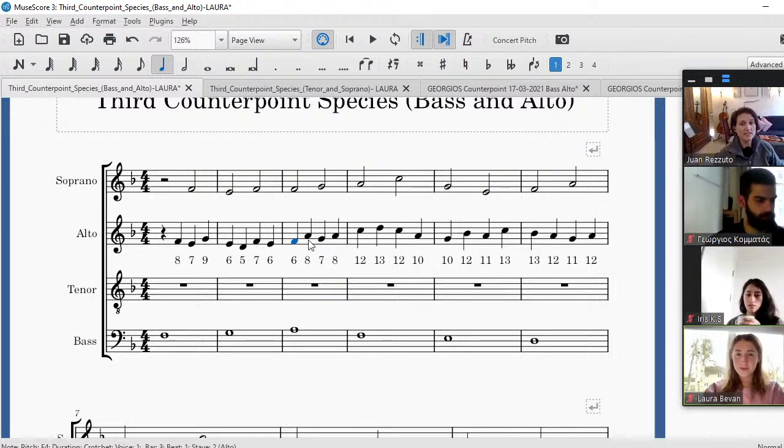Now F and G, this is okay, F, G, but then from G, the notes, you see that you have a dissonance, even in the third pieces, that you resolved.